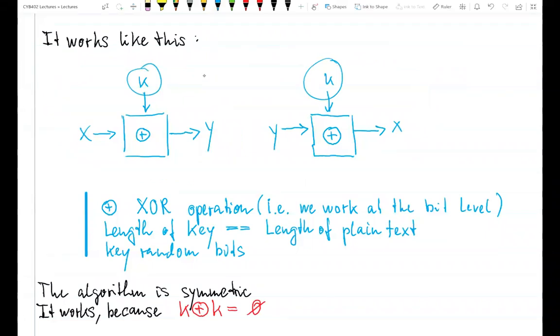It's actually very, very simple. The algorithm that is being used is the XOR operation. I don't want to talk much about the XOR operation, because you are all computer science students and should know about it.